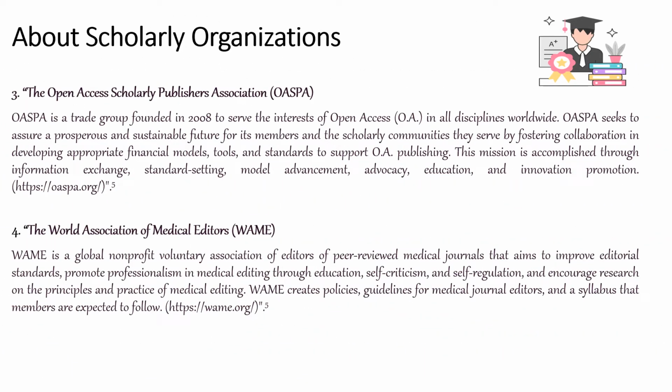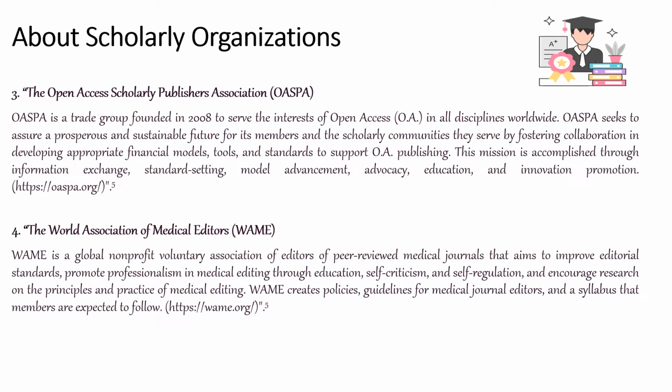The third one is OASPA, the Open Access Scholarly Publishers Association. What does it serve and what is its aim? It's a trade group founded in 2008 to serve the interest of open access in all disciplines worldwide.